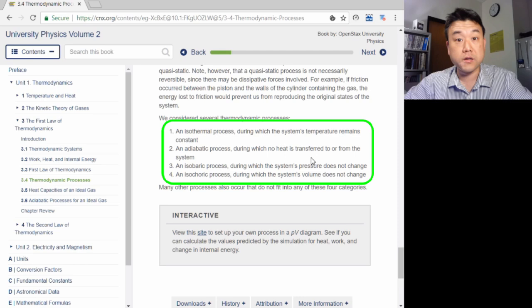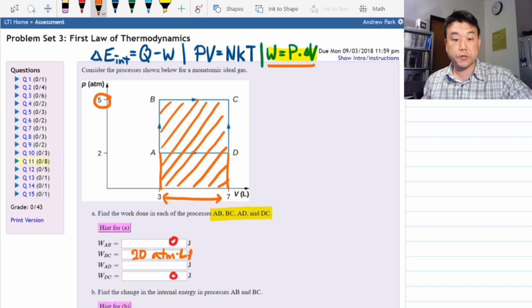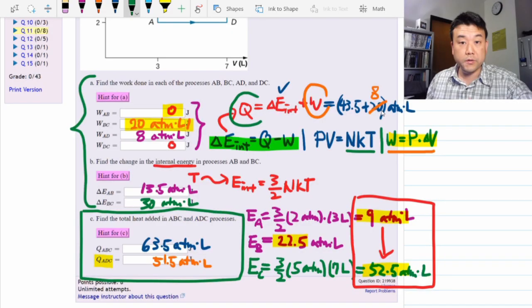And I demonstrated a problem-solving approach in thermodynamics, where you diagram the process on a PV diagram, calculate the work done as the area under the curve, and use the ideal gas law, along with the equipartition theorem relating temperature to internal energy, and the first law to find the necessary quantities.